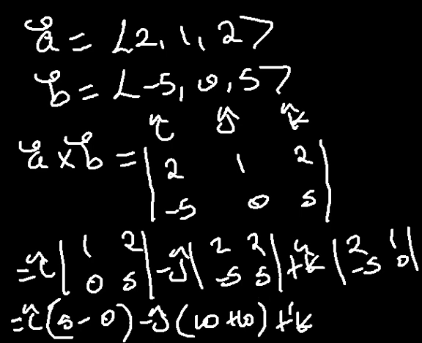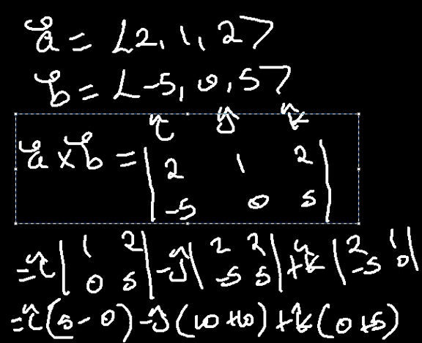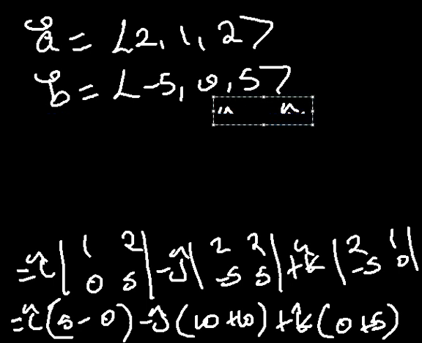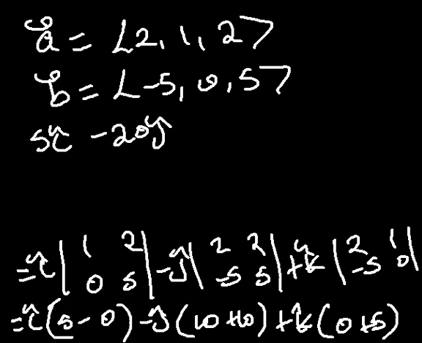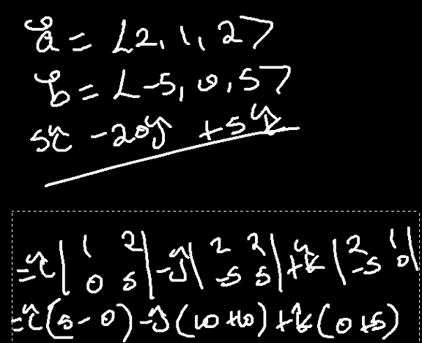And the plus k component: 2 times 0 is 0, and -5 times 1 is -5, and minus another minus gives +5. For this case, we'll have 5i, minus 20j, and plus 5k. So this is what we call the cross product of the two vectors.